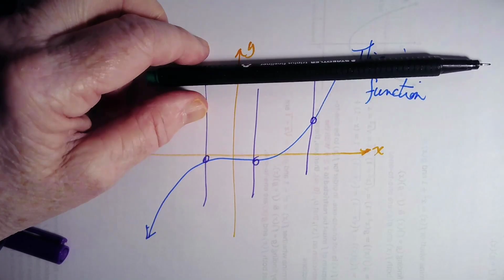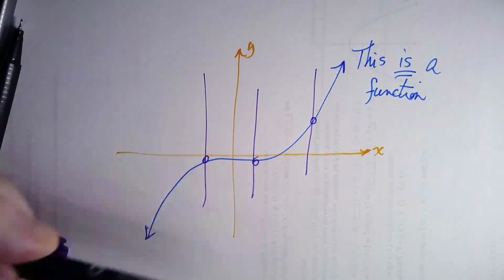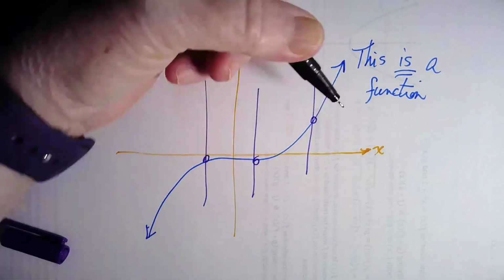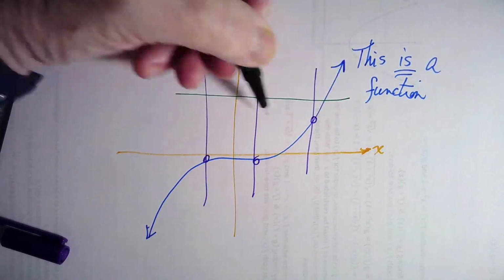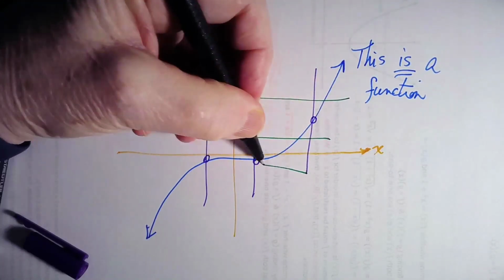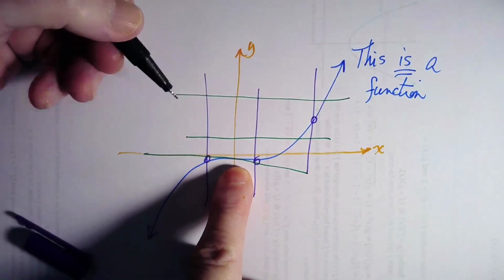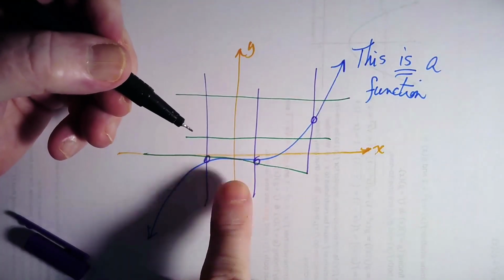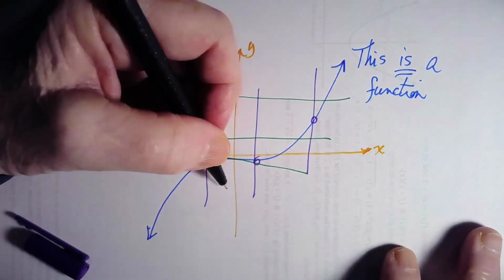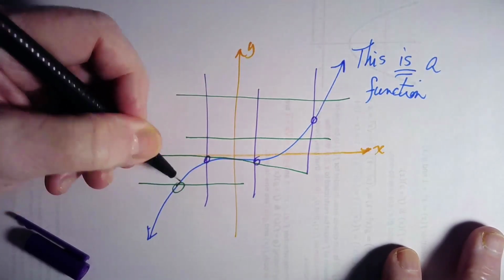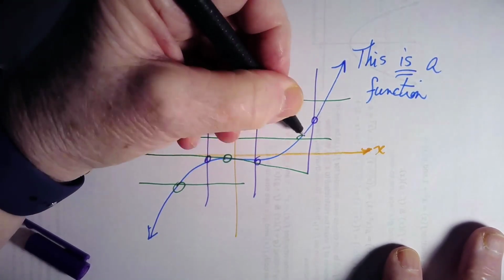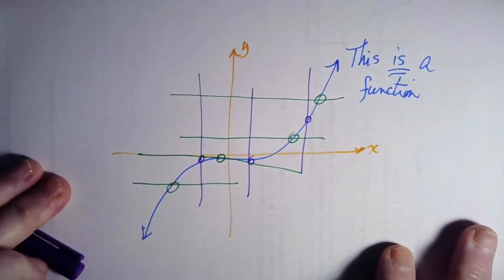I'm trying to say, if it's a function, that means it's only touching once. Yes. So even here, where it looks like the graph levels out, it's not quite level. So we have only one crossing, only one crossing, only one crossing.